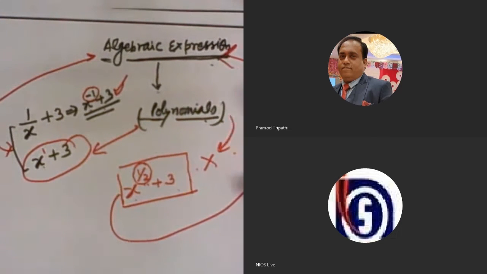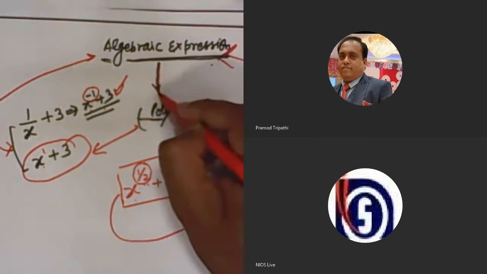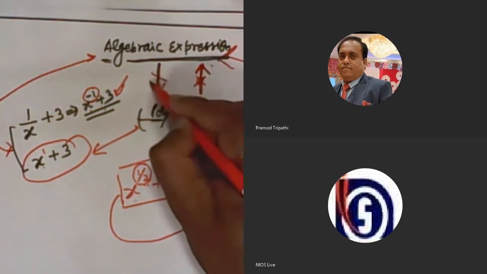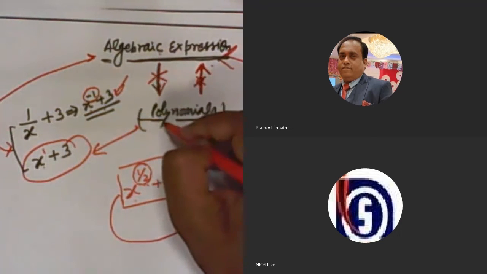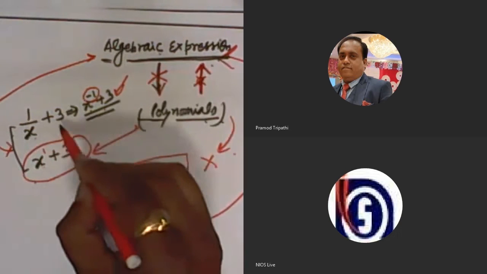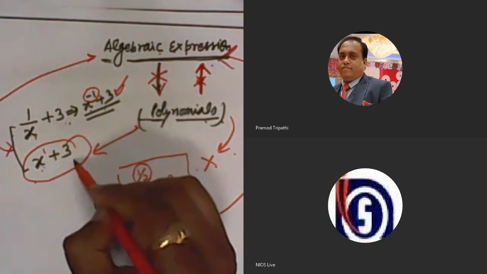So what is the polynomial? All polynomials are algebraic expressions, but all algebraic expressions are not polynomials. There are the two examples we have seen here. 1 upon x plus 3 is an example of an algebraic expression. x plus 3 is also an example of an algebraic expression.